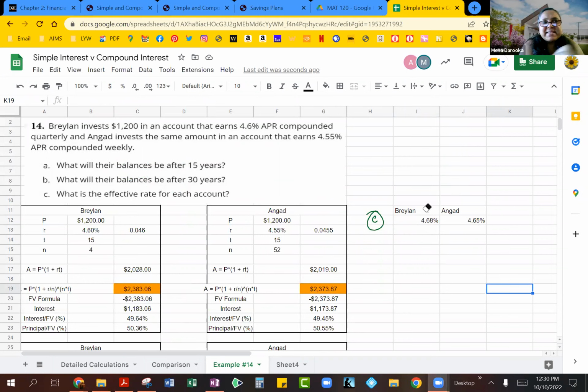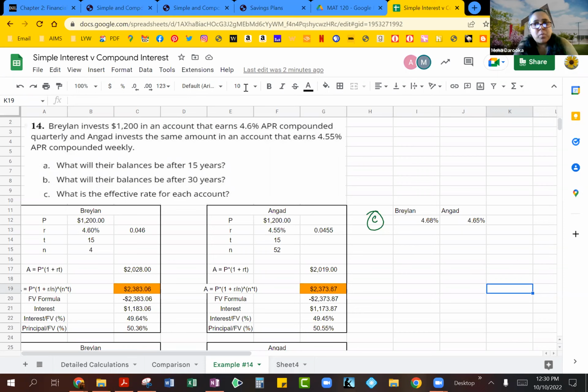He's at 4.68%, and Angad is just shy at 4.65, but you can see there's a slight difference in their balances over here. So it's really interesting, guys, how your compounding period and interest rate can make a difference in what you are earning.